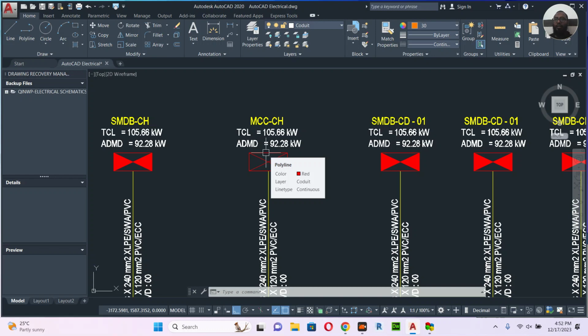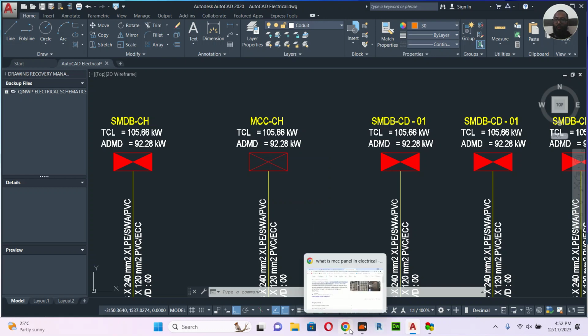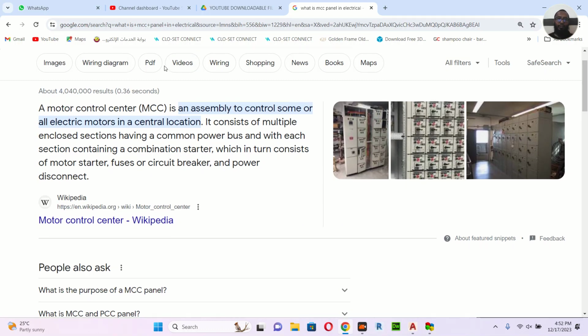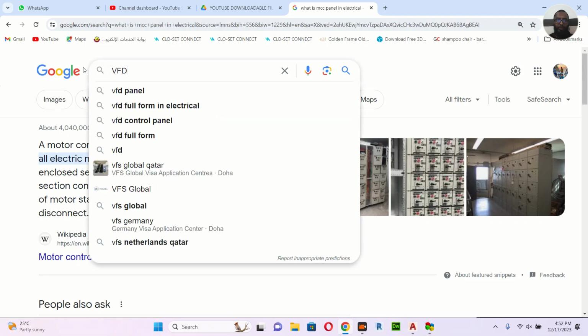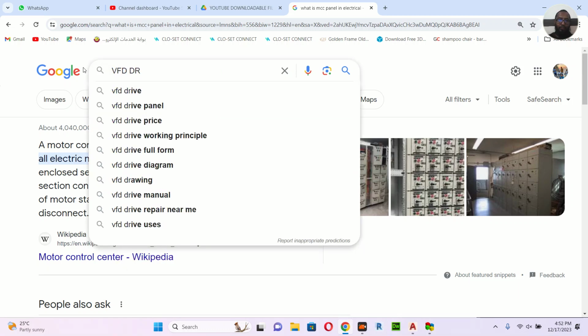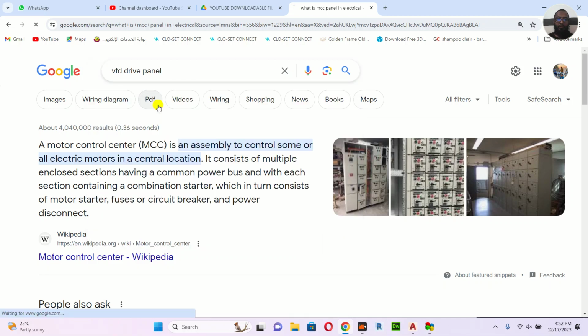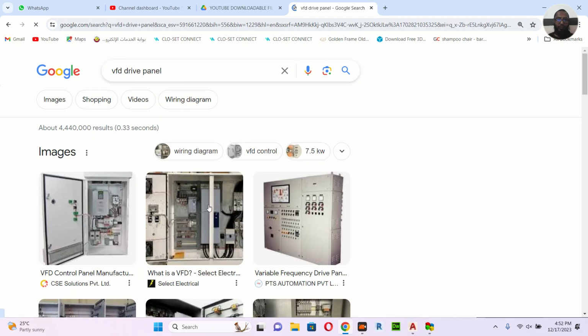And there's another one, VFD drive, variable frequency drive. So the motor has some working frequency. I will type in Google to be better. VFD drive, VFD drive panel. This is a VFD drive panel.